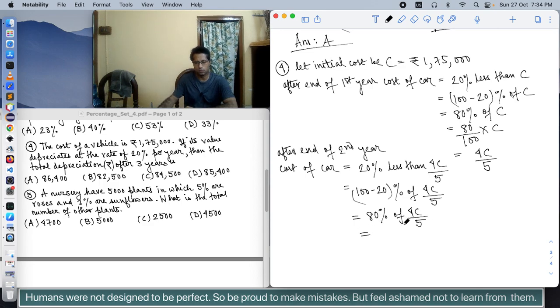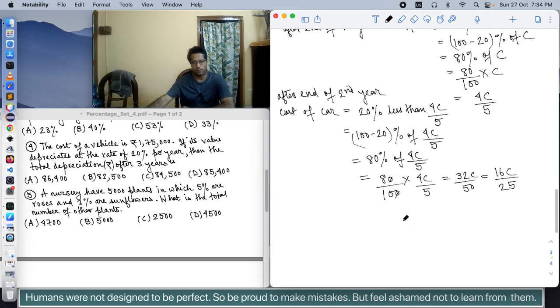That is 80 by 100 multiplied by 4C by 5, which after simplification, the 0 cancels out, and it is 32C by 50, which is equal to 16C by 25. So after the end of second year, the cost of the car becomes 16C by 25.